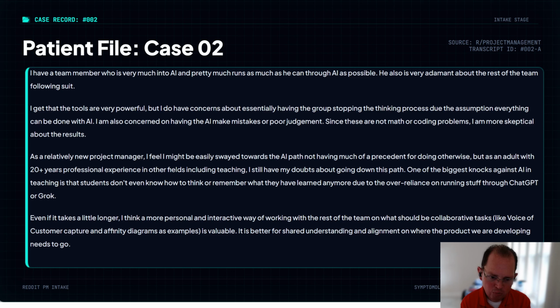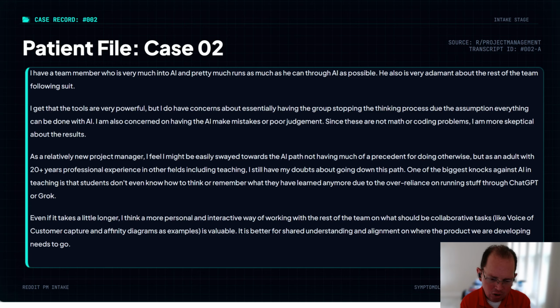As a relatively new project manager, I feel I might be easily swayed towards the AI path, not having much of a precedent for doing otherwise. But as an adult with 20 plus years professional experience in other fields, including teaching, I still have my doubts about going down this path. One of the biggest knocks against AI in teaching is that students don't even know how to think or remember what they have learned anymore due to the over-reliance on running stuff through ChatGPT or Grok.